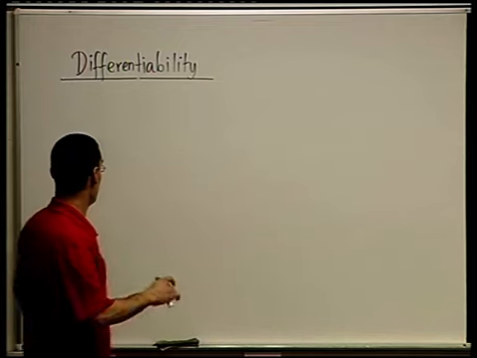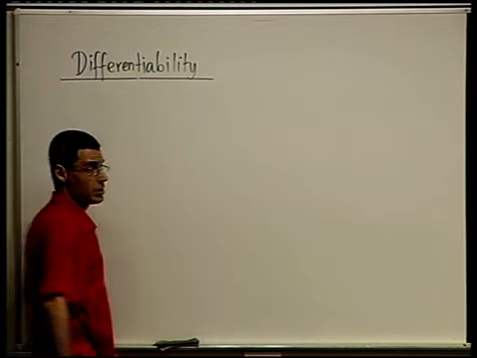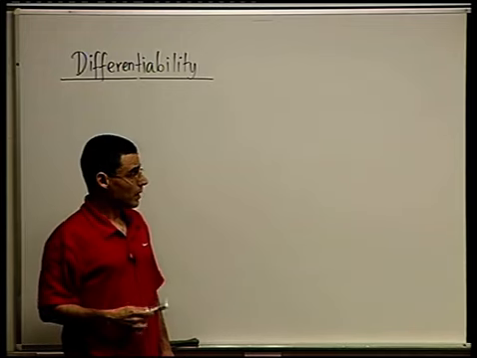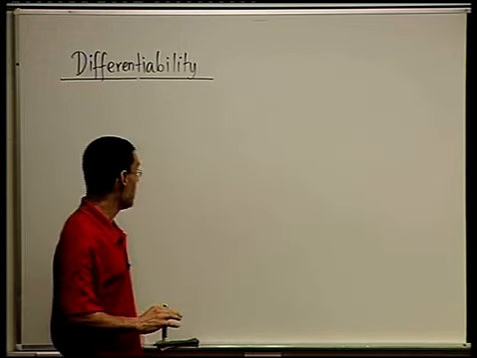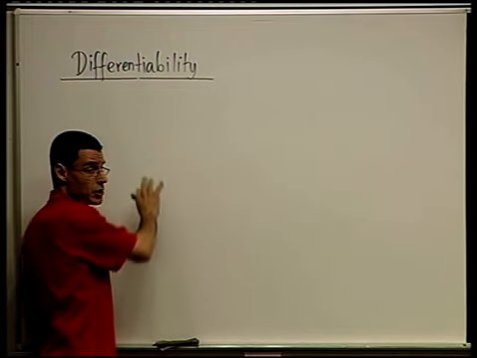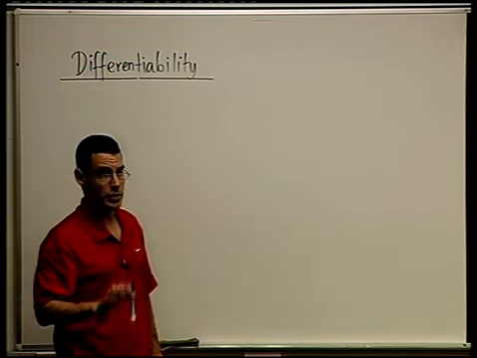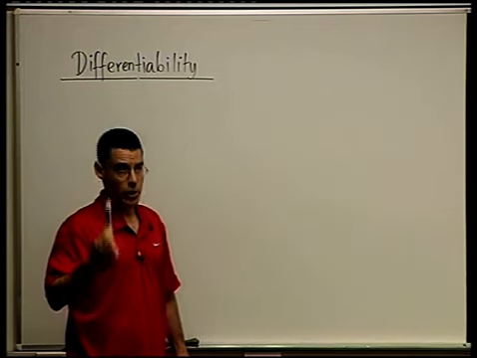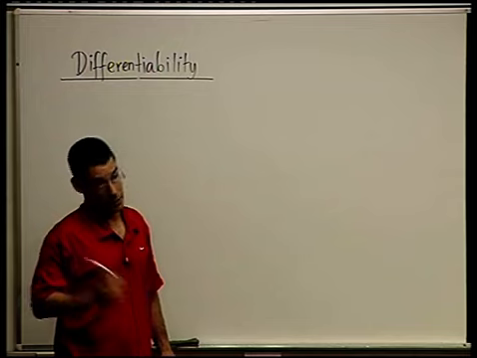The notion we want to understand next is the notion of differentiability. And let me just remind you what we've seen already. If we have a scalar function of two variables, there's the notion of partial derivatives at every point, if they exist.